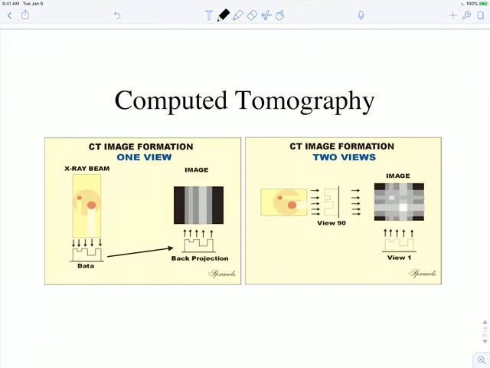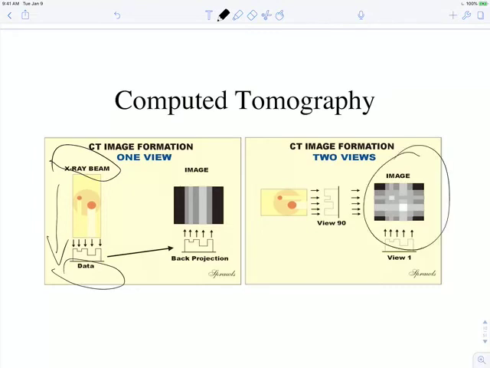Computed tomography is essentially an extension of X-rays. Instead of just having X-rays, in this case the beams are going down here, and we're looking at the shadow image. You can imagine what happens if we rotate the beam and the detector. Here's the source, these are the detectors, and we rotate the whole contraption around the object. Then we get a different shadow image.